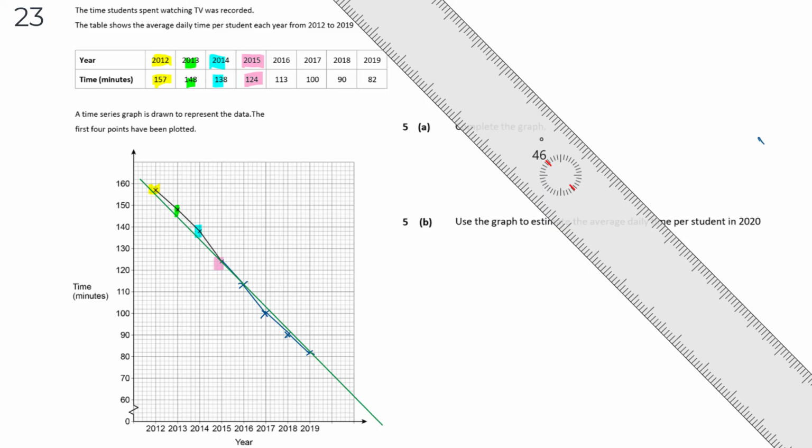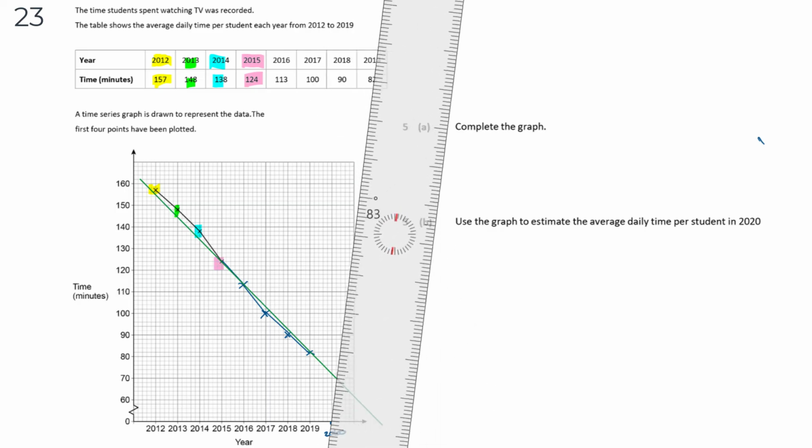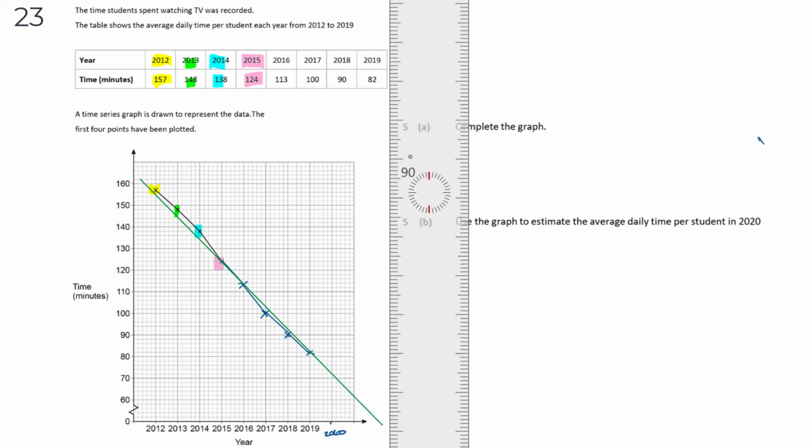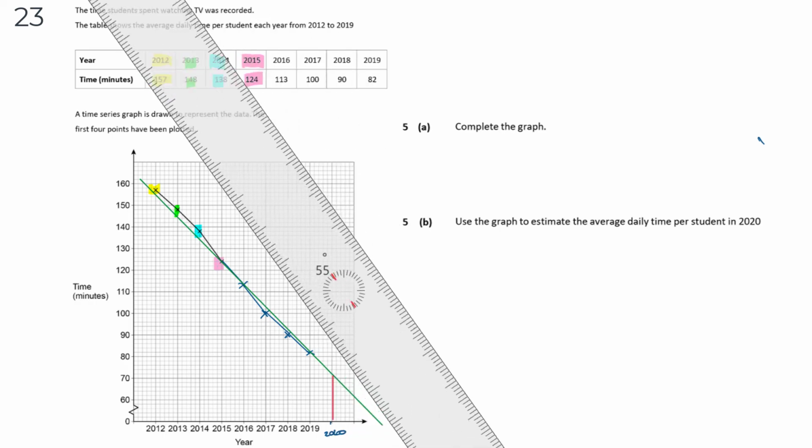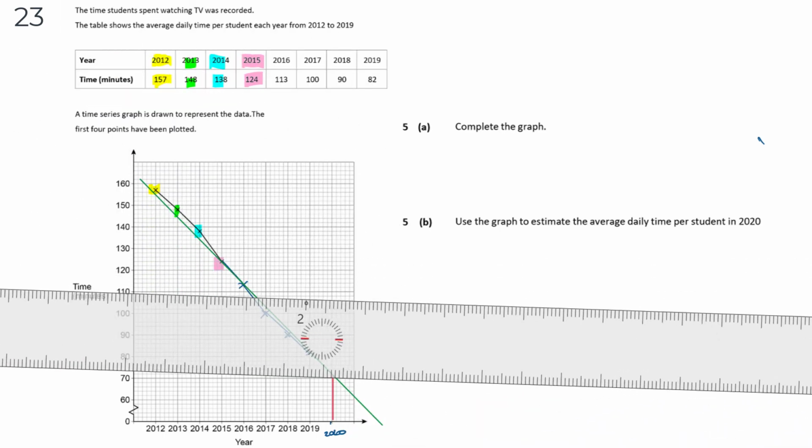So 2020 would be the next unit up on the scale here, wouldn't it? 2020. So taking my ruler, read it up to the curve, and then along.